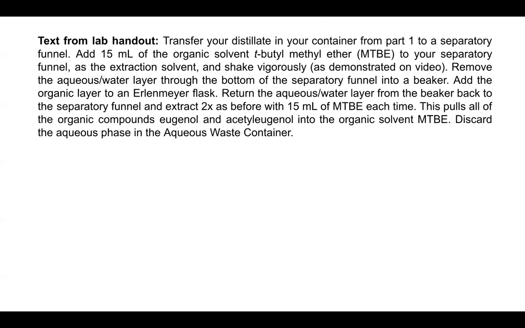Remove the aqueous/water layer through the bottom of the separatory funnel into a beaker. Add the organic layer to an Erlenmeyer flask. Return the aqueous/water layer back from the beaker back to the separatory funnel and extract 2 times as before with 15 mL of MTBE each time. This pulls all of the organic compounds, eugenol and acetyleugenol, into the organic solvent, MTBE. Discard the aqueous phase in the aqueous waste container.